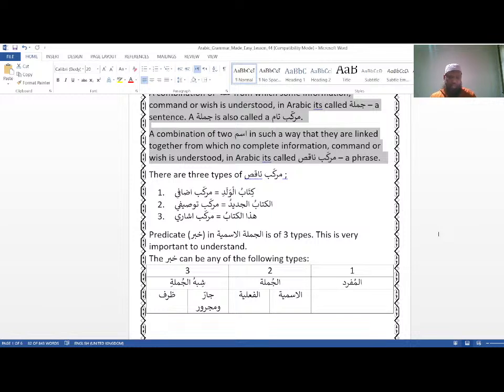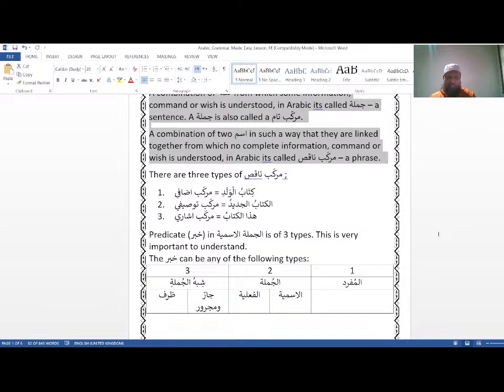We're not talking about those ظرفs here. We are talking about some nouns that give us the meaning of ظرف.